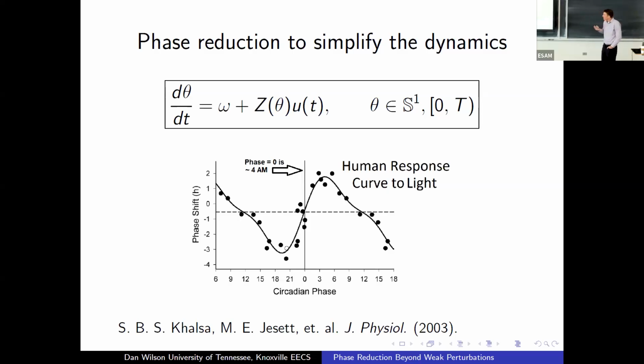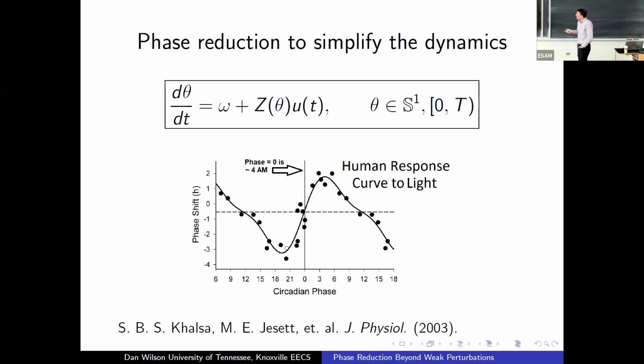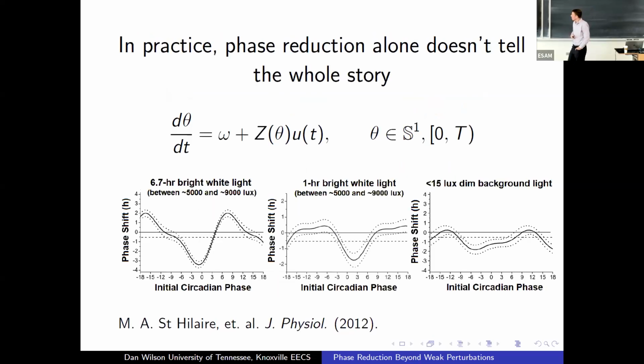Now, keeping in mind that you're taking a very complicated system and representing it as a one-dimensional ordinary differential equation, you expect there are going to be some limitations associated with this strategy. This slide is just illustrating some of those limitations. While I can do my experiment and measure a phase response curve, that phase response curve is going to look different depending on what input I applied to measure it.